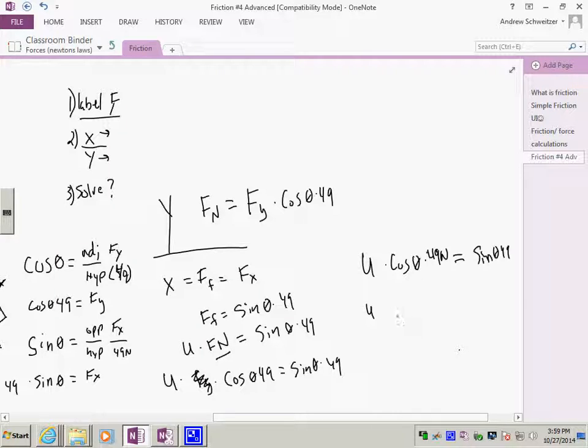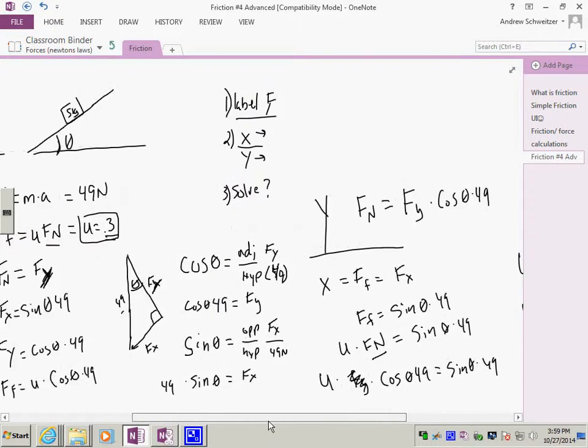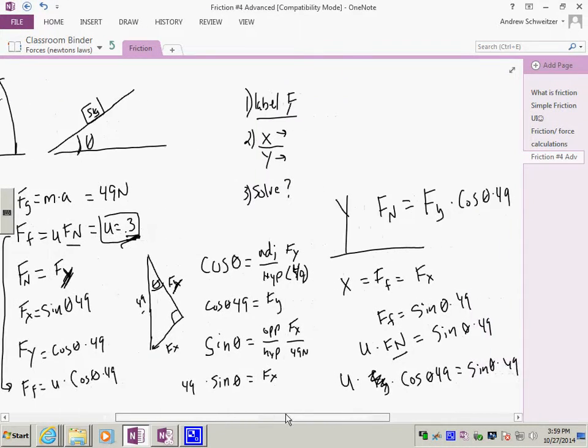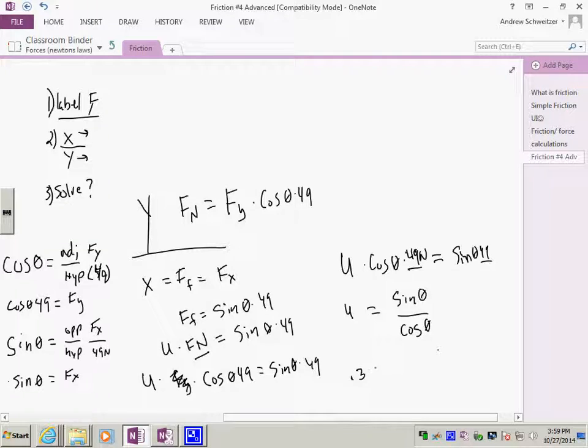Solving for this angle, the 49s are on both sides, so they will cancel. Dividing by the cosine of the angle, and the coefficient of friction is given in the problem as 0.3, right here. At this point, this equals the tangent of the angle. So 0.3 equals the tangent of the angle.